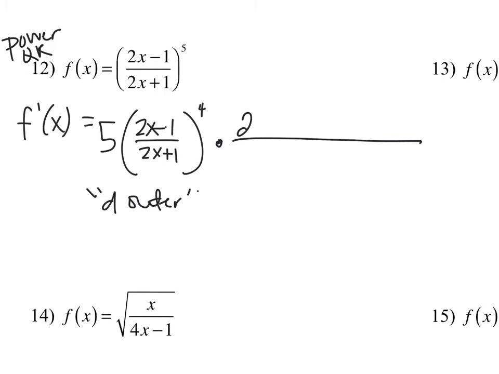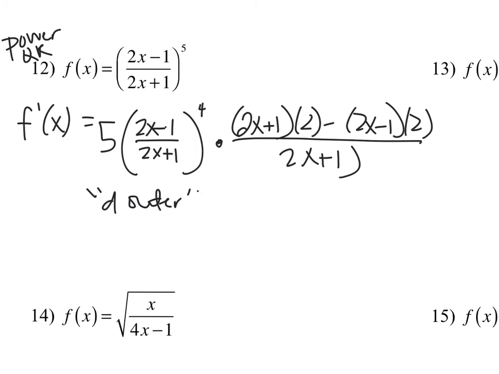So low d high minus high d low, all over low squared. All right, so we had the big power rule, so that's our d outer, and then this is our d stuff.